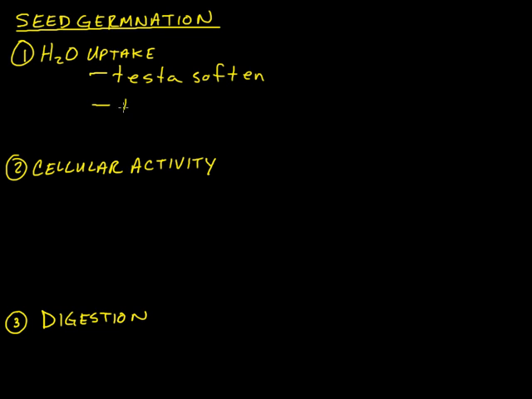And the protoplasm hydrates. Protoplasm just means the living cells hydrate. In other words, their cytoplasm increases so that solutes can be moved around and all the biochemical processes can start happening. As it says in the notes, this process is largely physical, and that just means that it's going to occur via osmosis.